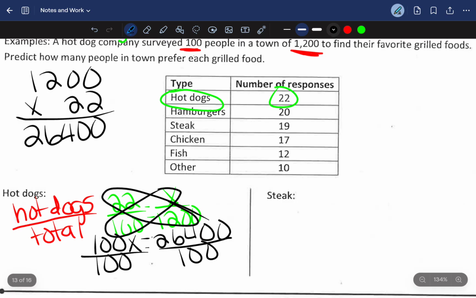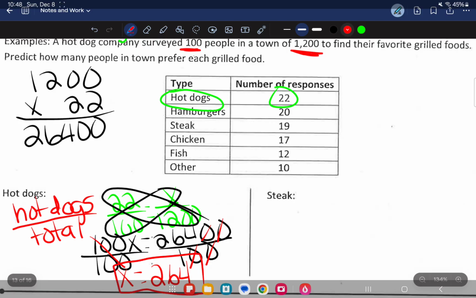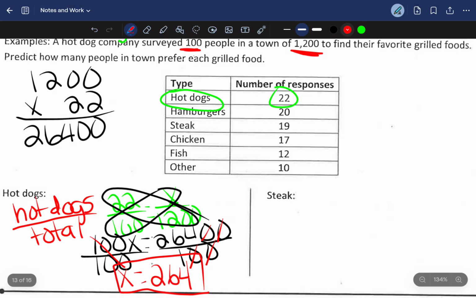Now remember, if you have zeros, you can cross the same amount of zeros down below and up top. So you end up just getting x equals 264. So we can expect 264 people in the town to prefer hot dogs. Now, it may not be necessarily that number exactly, but we can expect that number as an estimate.